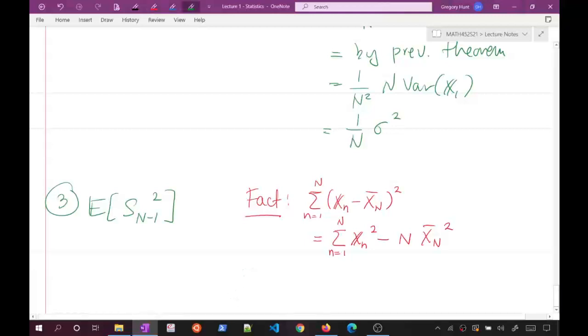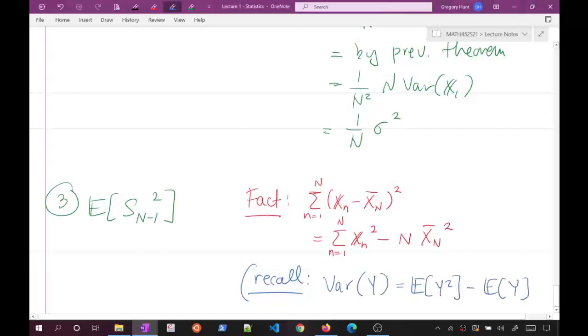Let me say here as an aside, why should that look familiar? It's very related to the variance of a random variable y, which is the expected value of y squared minus the square of the expected value.